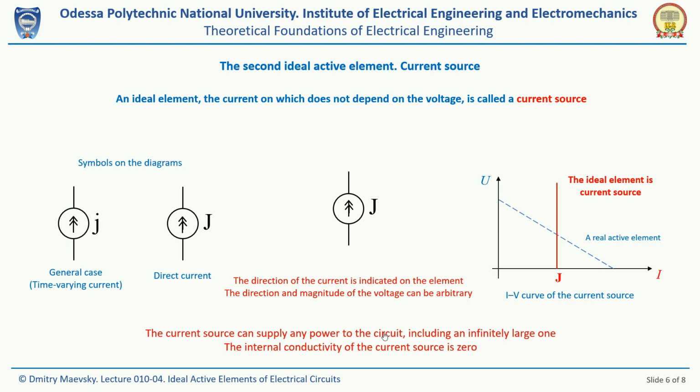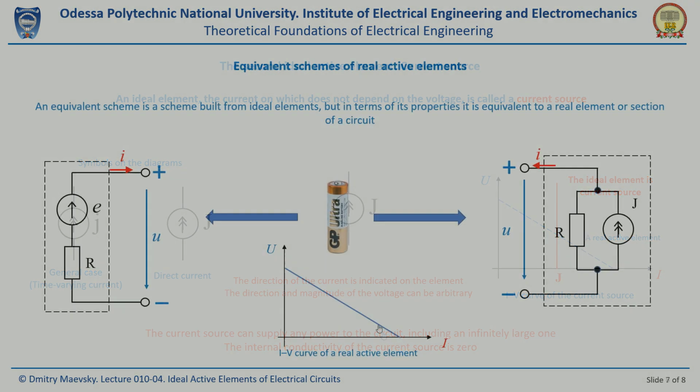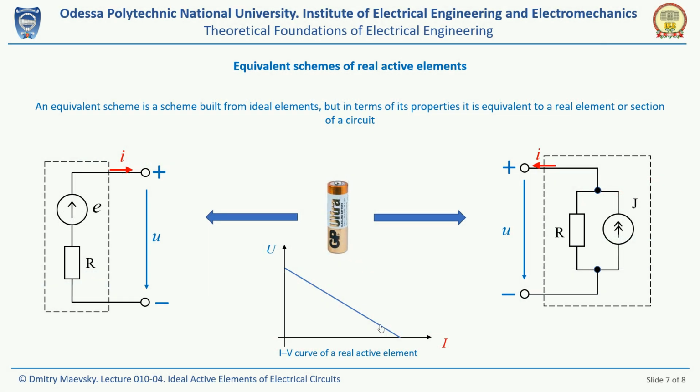This will allow us to build equivalent schemes for a real active element. Any real active element in an electric circuit can be equivalently represented by two equivalent schemes, using either a voltage source or a current source, as you can see on this slide. As we already know, every real active element has an internal resistance.